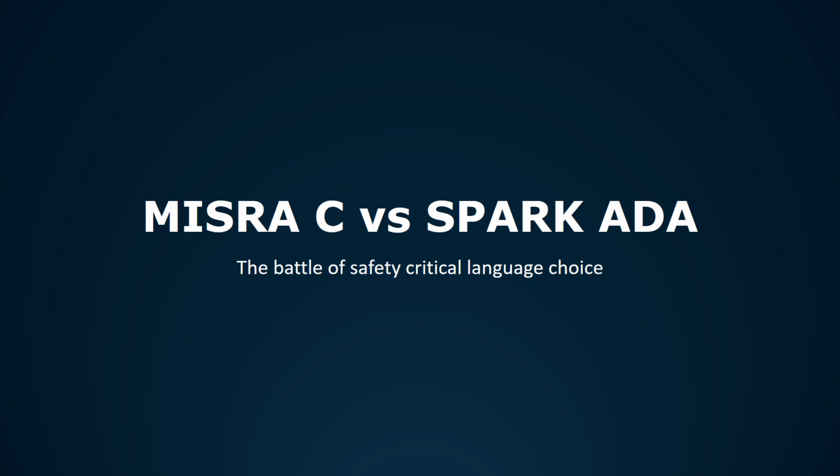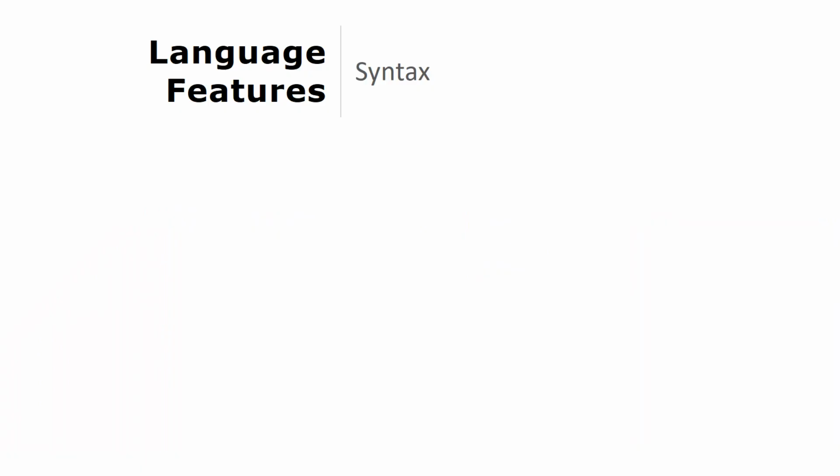Although Spark is a subset of Ada, it includes all major features of the language, such as generics, or templates for all you C++ fans out there, object-oriented programming, and concurrency features. Now that we have defined our competitors, let's compare them for syntax, typing, subsets, and runtime verification features.